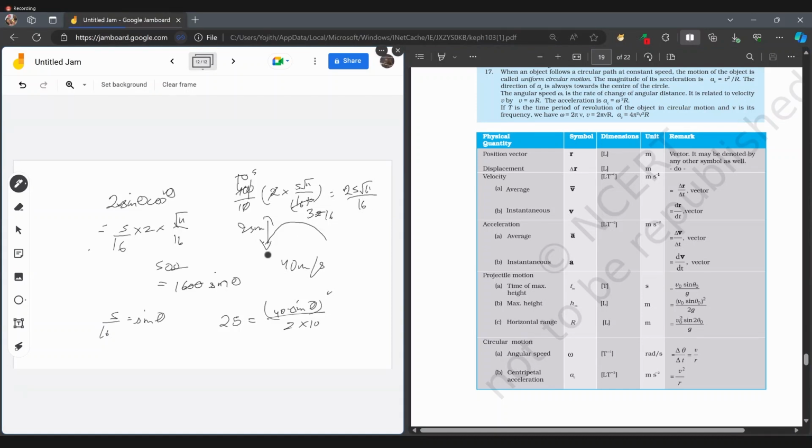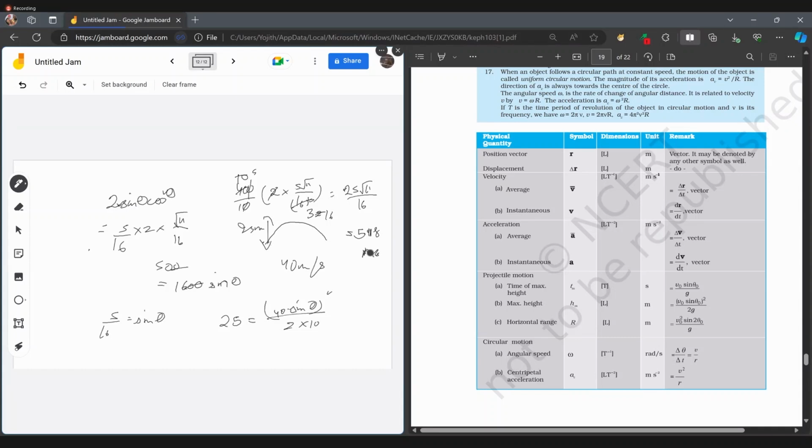So let me just calculate. ఇది ఎంత అవుతున్నదో. 25 into √11 divided by 60, which is equal to 5.18 meters. Maximum distance the ball can travel, 5.18 meters.